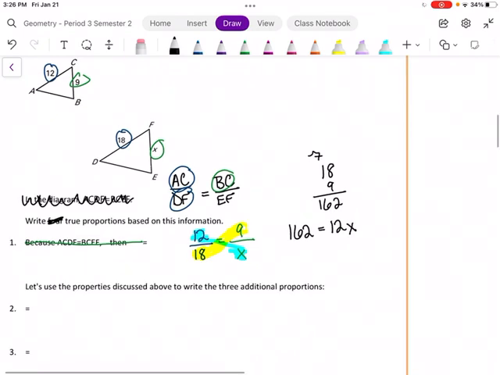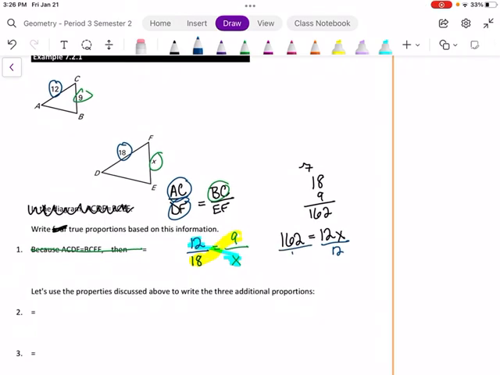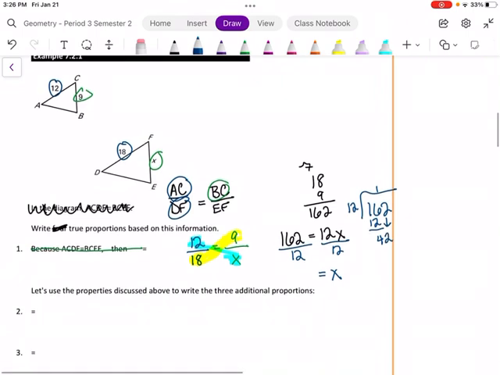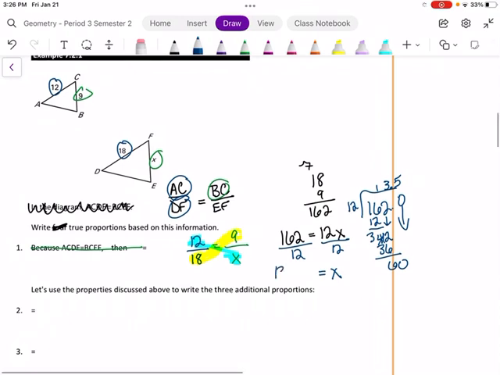Then we will divide both sides by 12 to get X equals, let's see, 12 times 3 is 36, and this would be 6, drop down the 0, and 5. So X is going to equal 13.5.